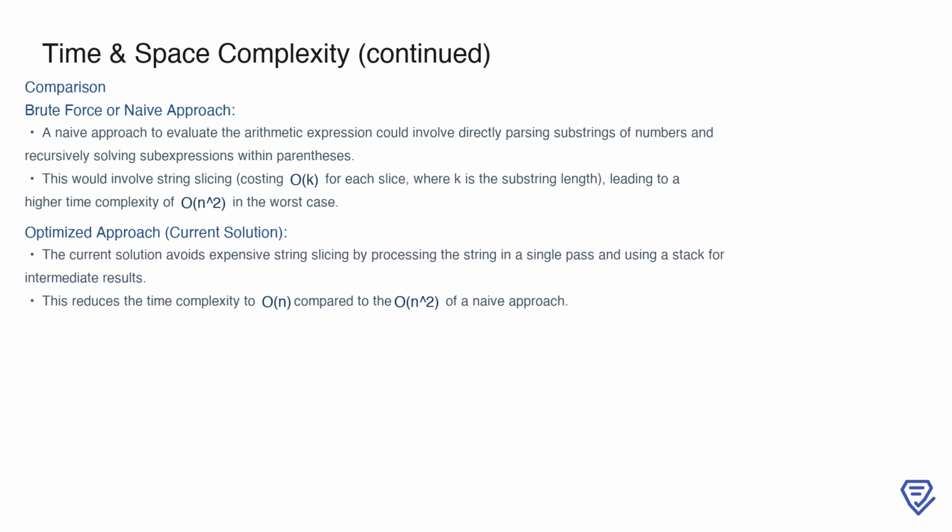As a result, in the worst case, the time complexity of the naive approach would balloon to O(n squared). In contrast, the optimized solution we're discussing avoids expensive string slicing altogether. By processing the string in a single pass and using a stack to handle intermediate results, it reduces the time complexity to O(n), which is significantly more efficient than the O(n squared) of the naive approach.